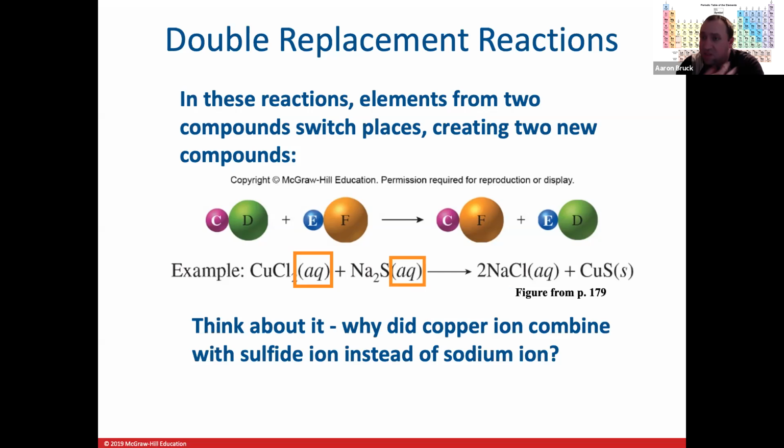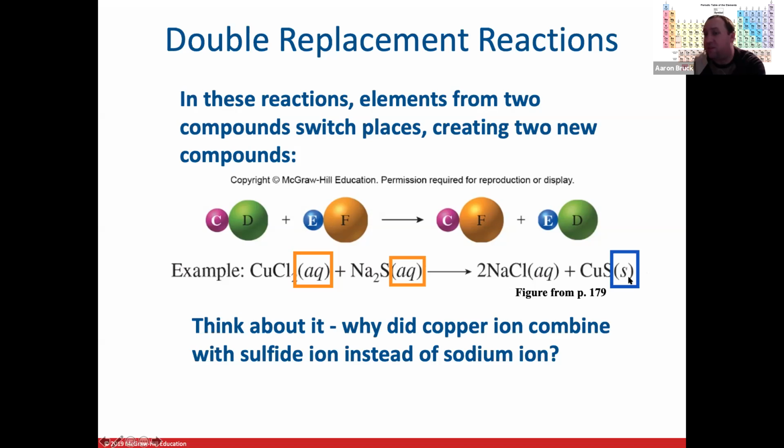That is, the substances that are being reacted are dissolved in water first. And the other side result of that is that we usually get one of three things to occur in the product side to let us know that a reaction took place.